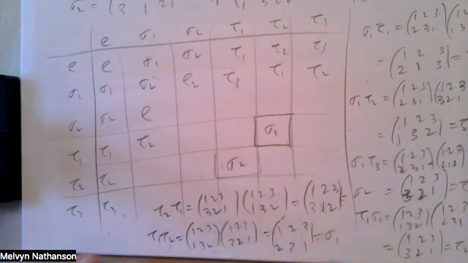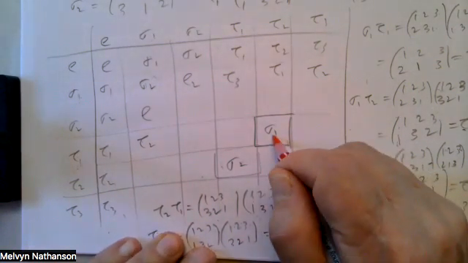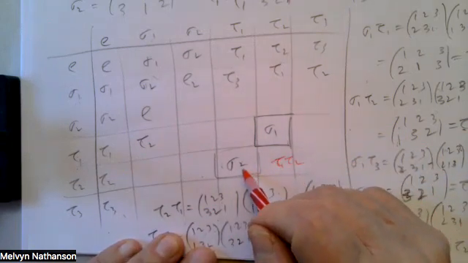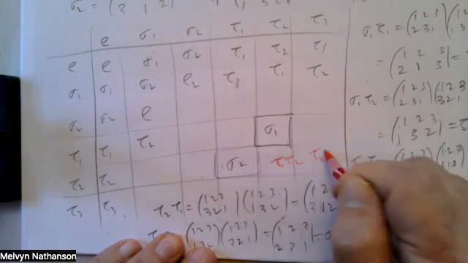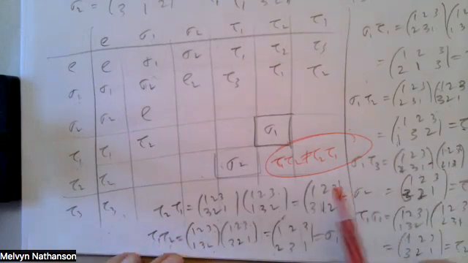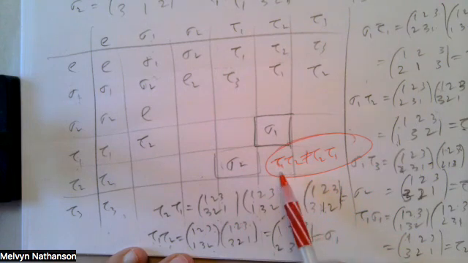And what we observe here is something we've observed before, but it's very important. Sigma 1 is tau 1 tau 2. Sigma 2 is tau 2 tau 1. And these are different. So multiplication of permutations is not commutative. The order matters.